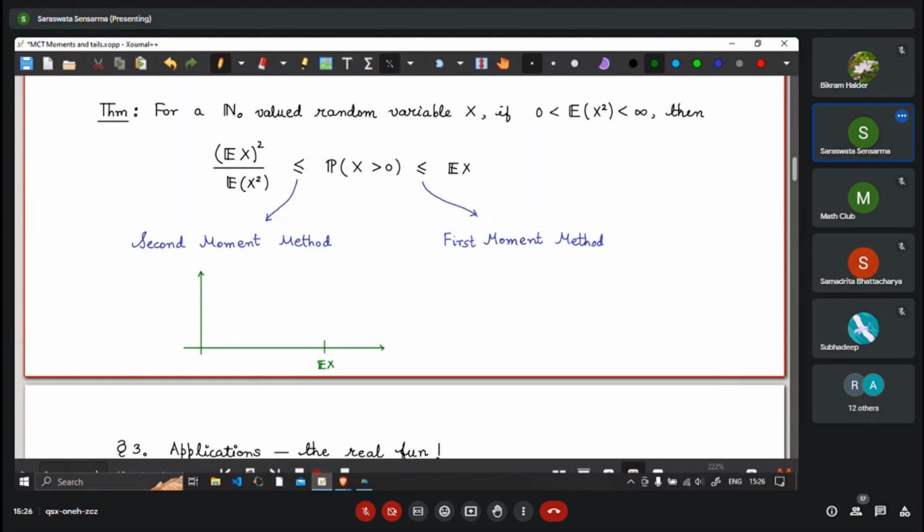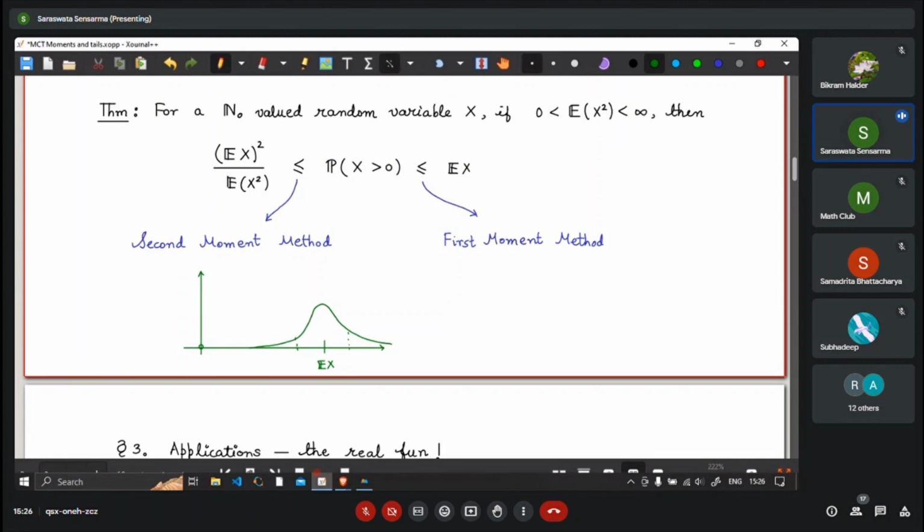Which means the distribution, if you look at the PMF or PDF, sort of looks like this. It's concentrated about that expectation. Expectation is large, it's concentrated around that expectation, but it's not spread out too much. In other words, the probability of it being zero is very small.